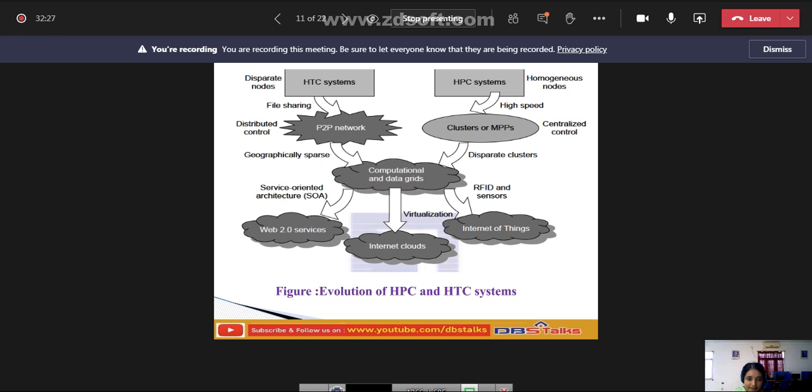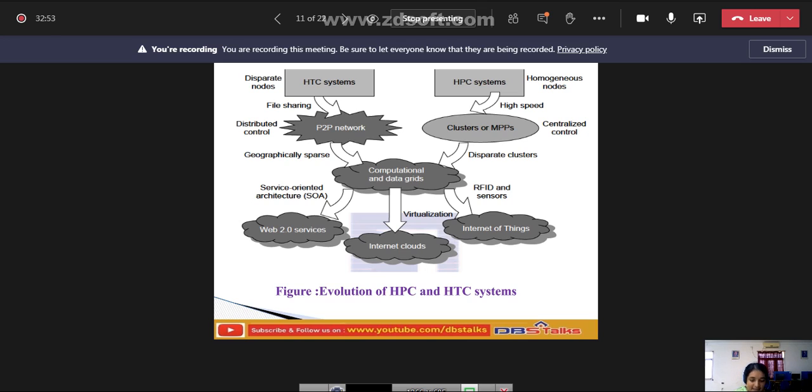Coming to the HPC system. In this HPC system we are using supercomputers, that is massively parallel processors, or MPPs in short. MPPs are gradually replaced by clusters of cooperative computers to share computing resources.